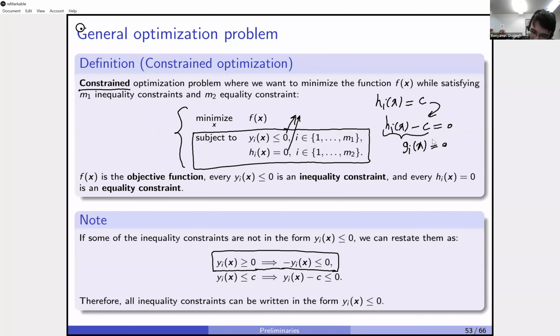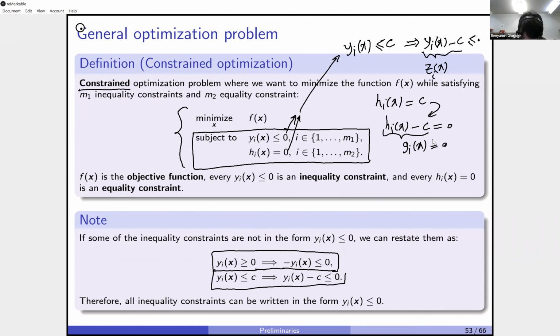Or here also, if we have y_i(x) greater than or equal to 0, then we can bring it here and consider it as a new function, for example z_i(x). The naming doesn't matter here. Okay, we talked about it. Clear?